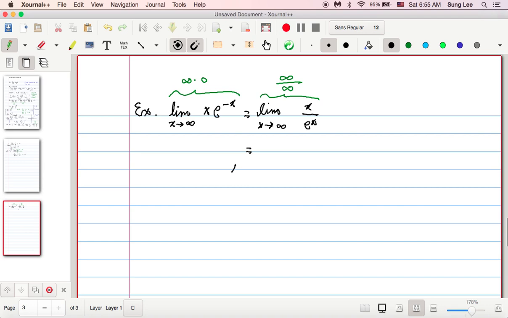So by L'Hopital, limit x goes to infinity, we take the derivative of x, that's 1, and the derivative of e to the x stays the same, e to the x, and when x goes to infinity, e to the x goes to infinity, so that's 0.